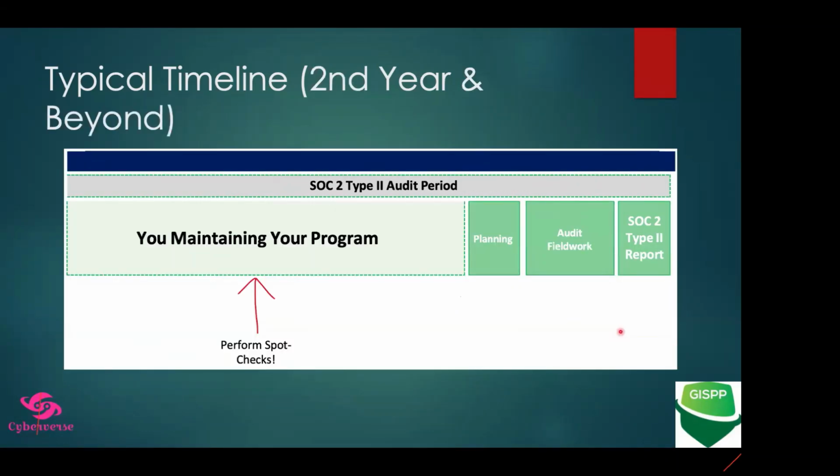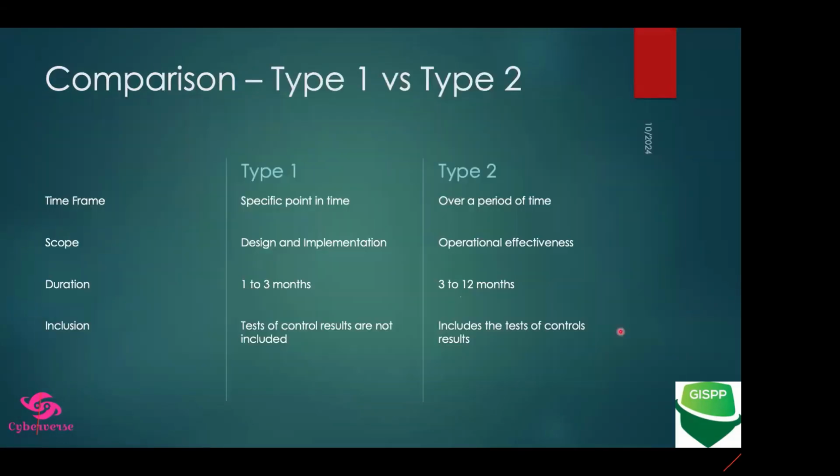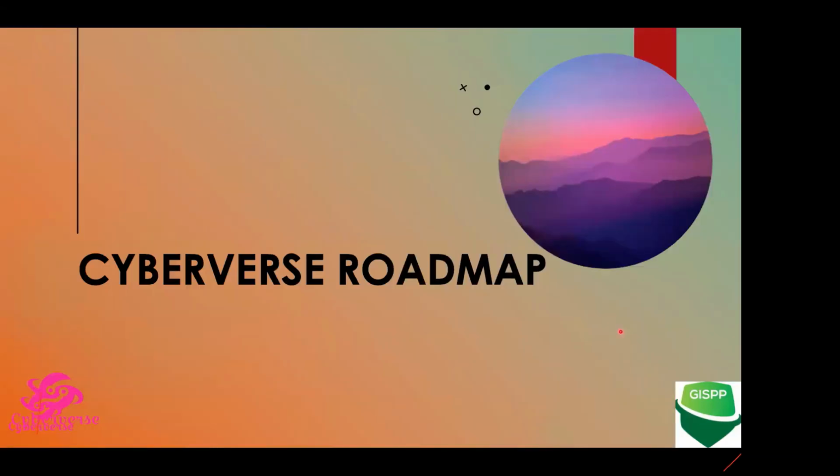Right, so moving on to the very last thing. That was an overview of SOC 2, the trust services criteria we have, and how to do the report writing. The very last thing is, as our business, Cyberverse, what is our roadmap if we go for SOC 2 compliance and implementation services?